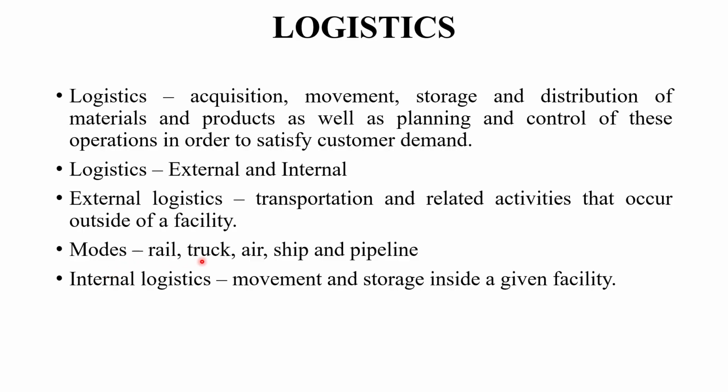It may be rail, truck, air, ship, or pipeline. Okay, so it depends on the material we are going to transfer from one place to another place. Okay, that is the transportation and related activities that occur outside the facility, which you define as external logistics. Okay, and if there is a movement and storage inside the given facility, you define that as internal logistics. Okay, so there are two types of logistics.